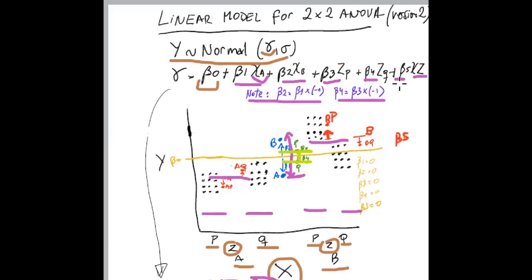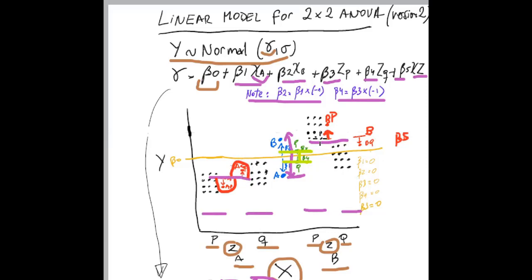Finally, the interaction will be beta 5, and beta 5 here is represented by these red little arrows, and basically it's the same length in all the cases.